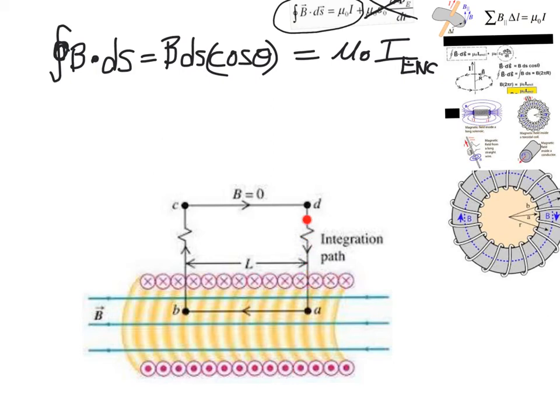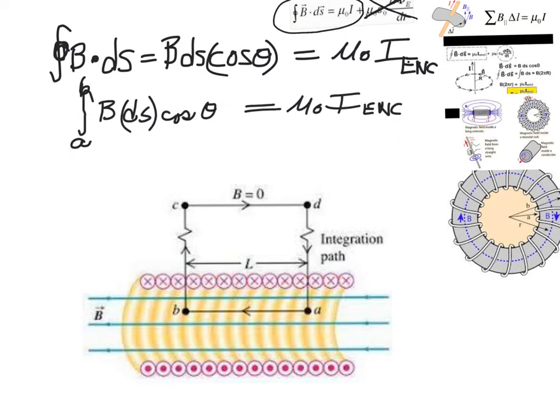The integral along this side will be 0. If we take the far side far away, the field there will be close to 0. So we can easily claim that the integral along these 3 sides adds to 0. So the total integral of B dot ds around the closed loop is just the integral over this one side. So let's do that.